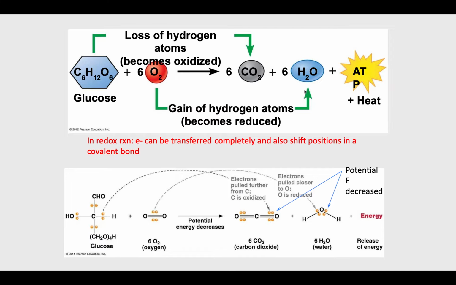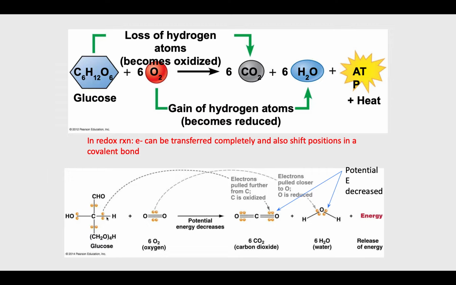All right, so that's pretty straightforward, easy to understand. We can also talk about these reactions in terms of the individual atom within a molecule, and this is where we have to think back to electronegativities. Down here, this is the same reaction, but the electrons are drawn out. In glucose, this C to H bond has 2 electrons.